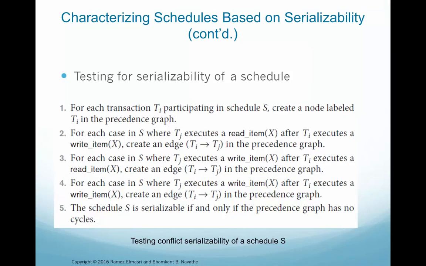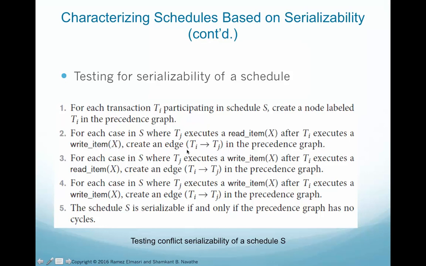So here's a procedure by which one could test for serializability of a schedule. For every transaction Ti that's participating in a schedule S, we create a node and label it Ti, and we create a precedence graph to see the precedence of operations.